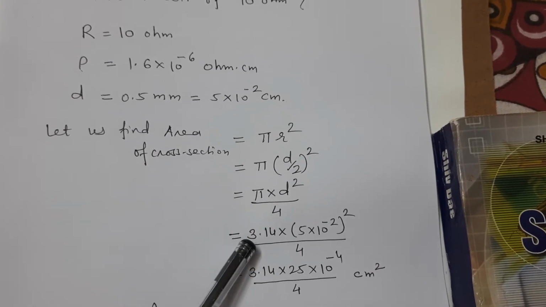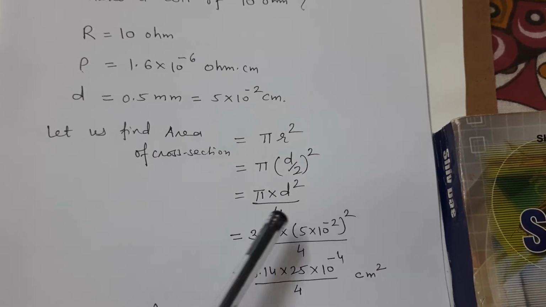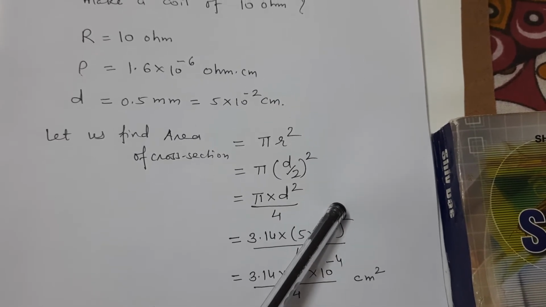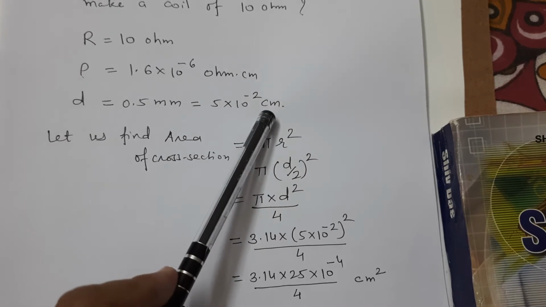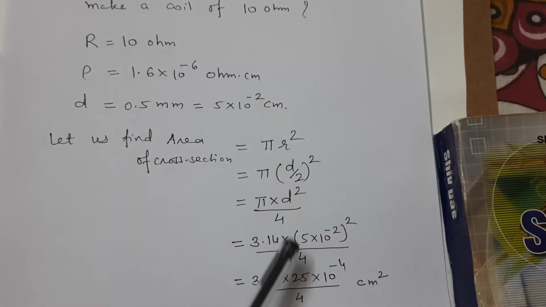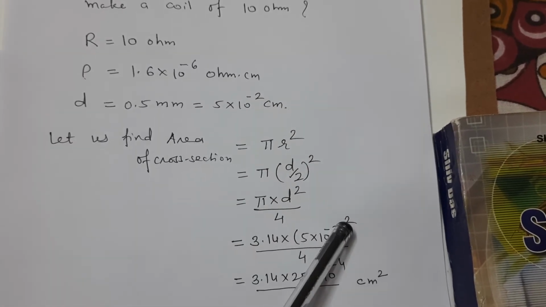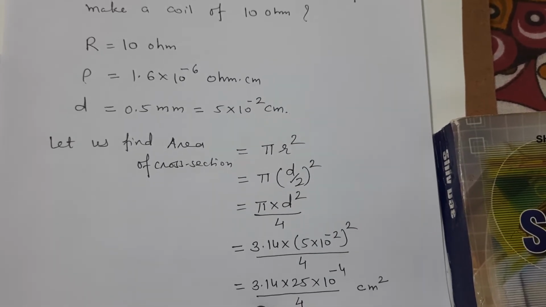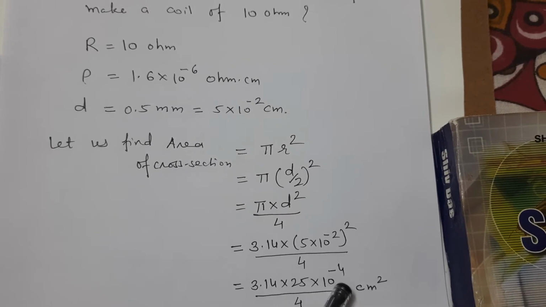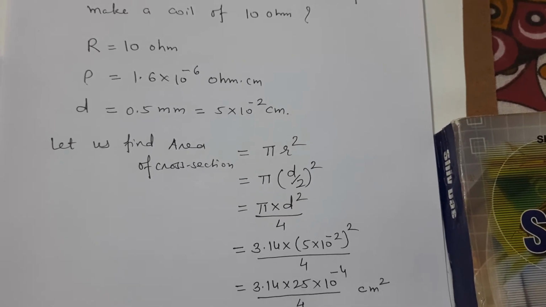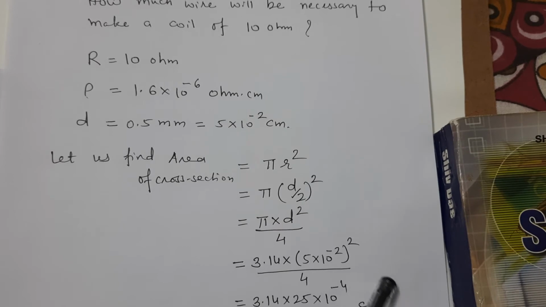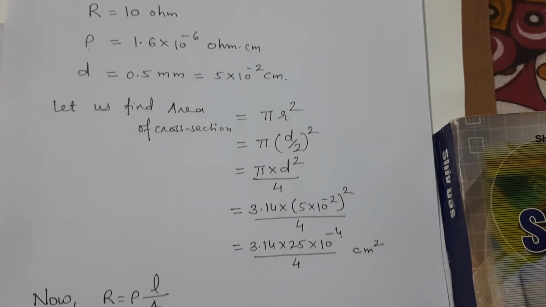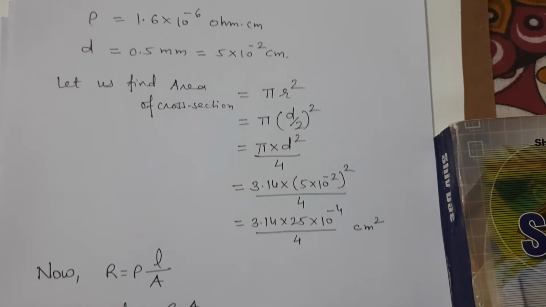Then 3.14, that is the value of pi, into 5 into 10 raised to minus 2 whole squared upon 4. So we have 3.14 into 25 into 10 raised to minus 4 upon 4 centimeter square, because it is area. Area is always measured in either centimeter square or meter square.